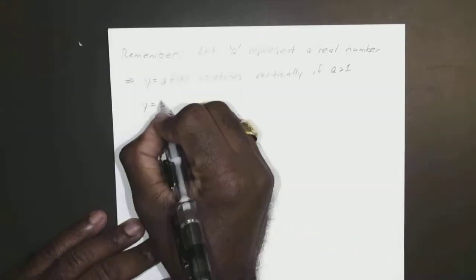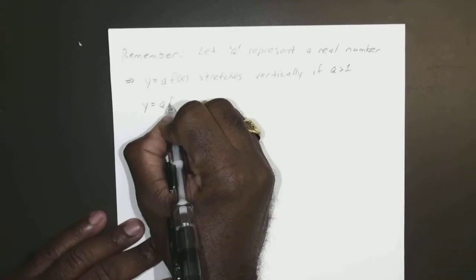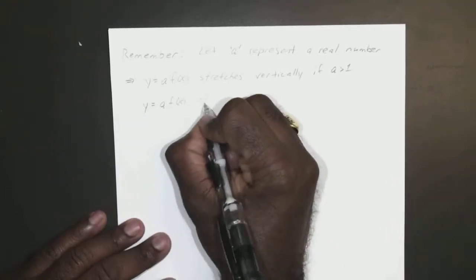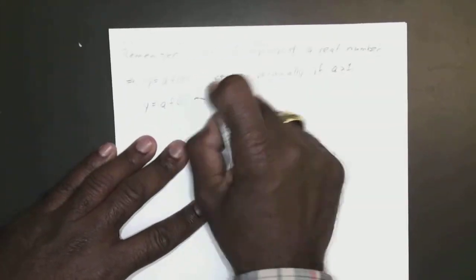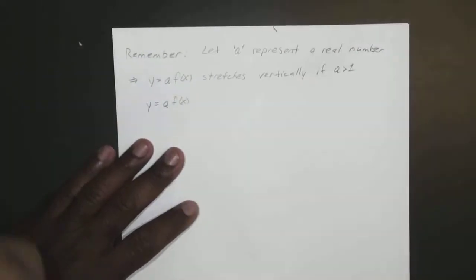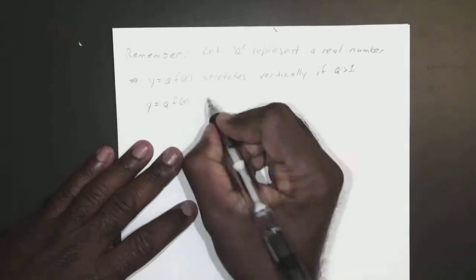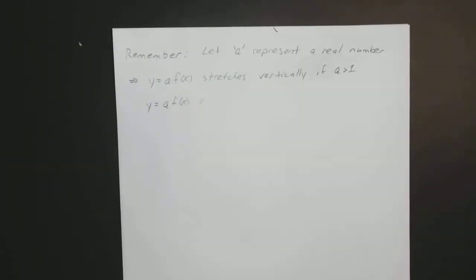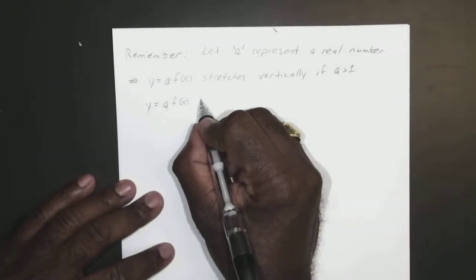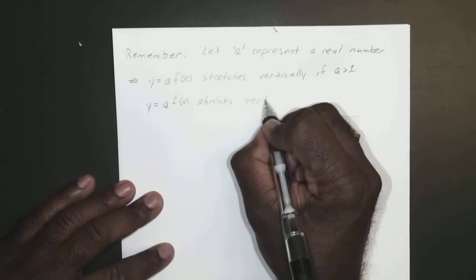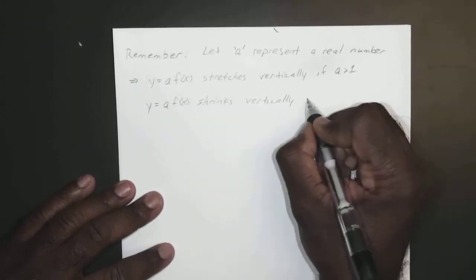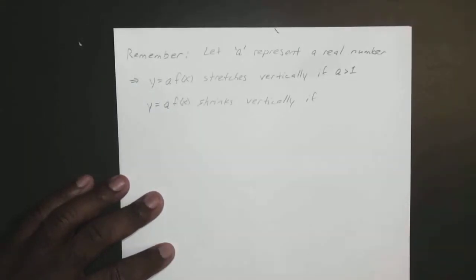Y equals A times f of x stretches, or not stretches, shrinks vertically if A is a fraction.